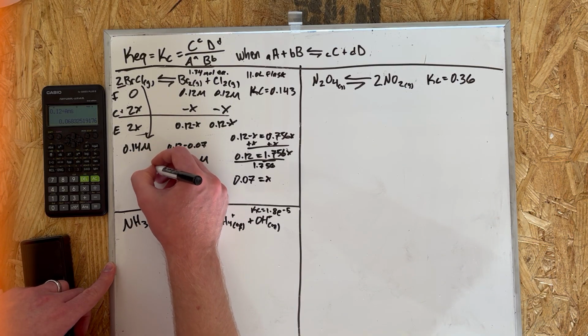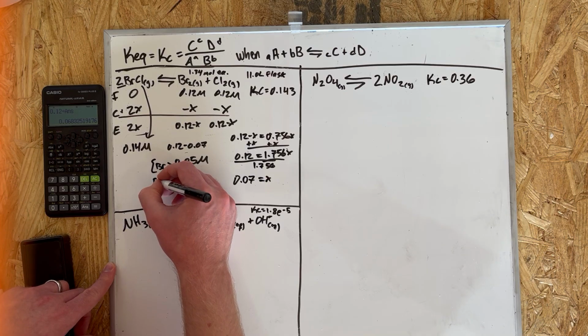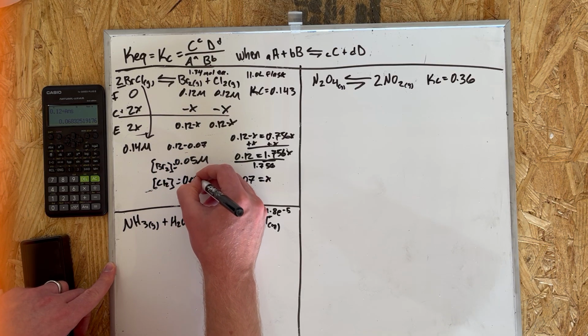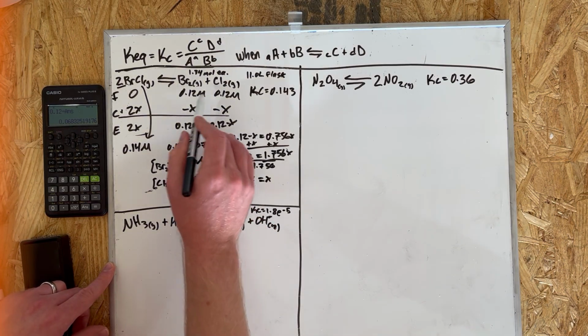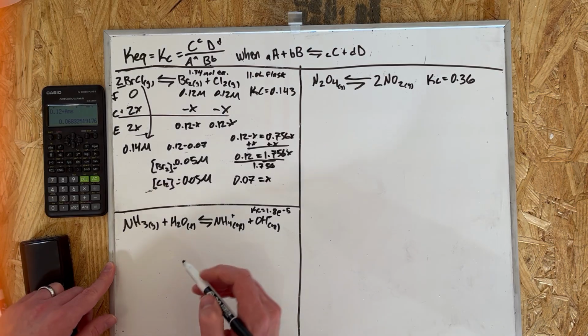And then of course we can say concentration of bromine gas, chloride gas. You can write all that out and make it look nice, but that is how you get to that answer if we're given the initial concentration of our products.